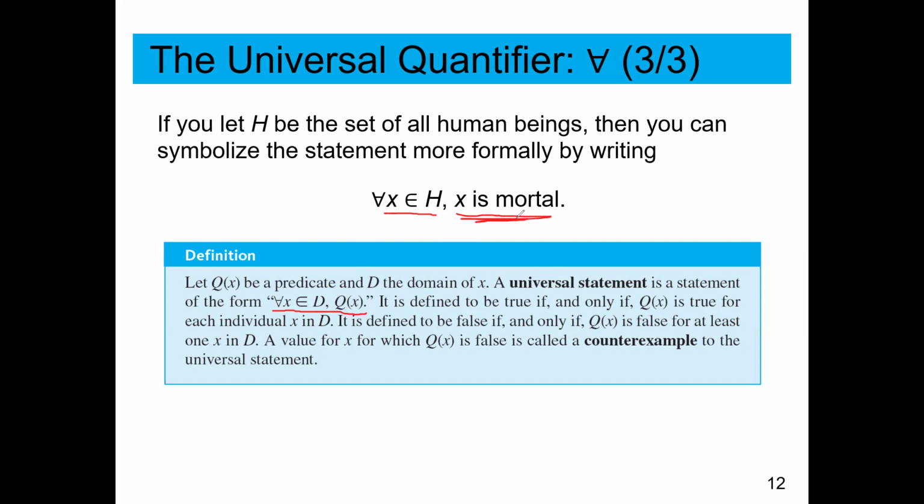I could add M of x, where M is my predicate: x is mortal. Then I can replace this part with M of x, and now my statement looks like for all x in H, M of x. This is where we're going to go because this is the simplest notation.